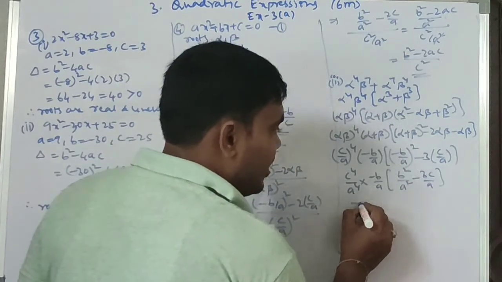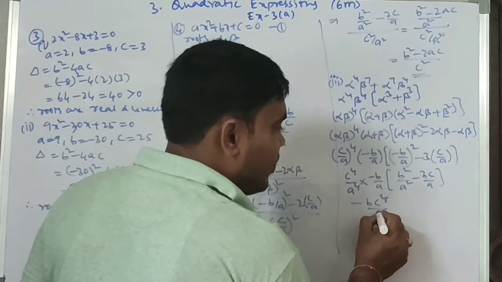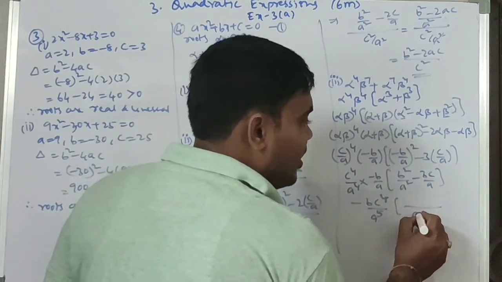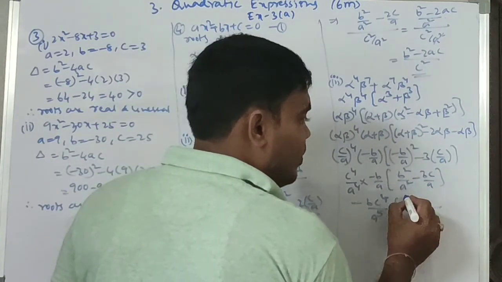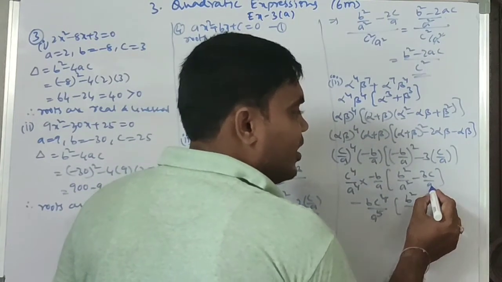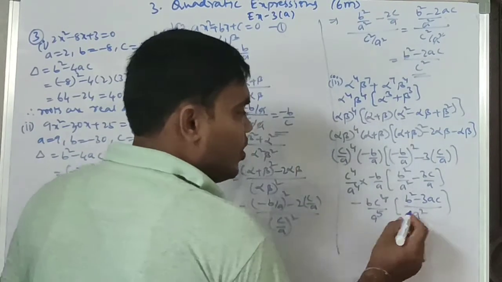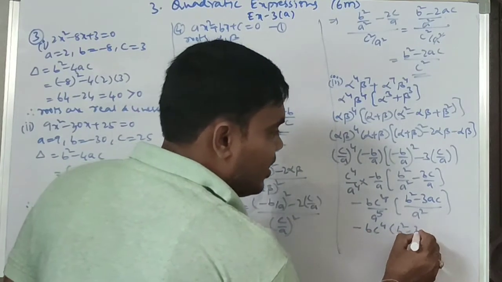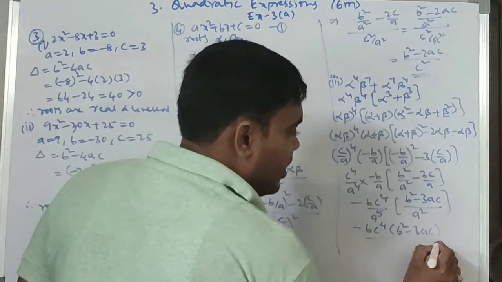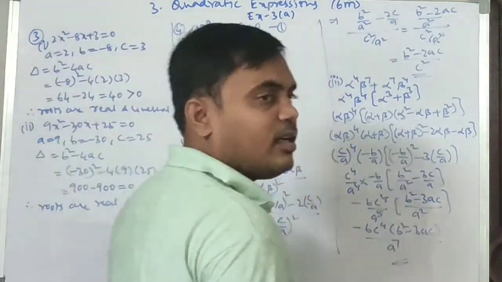Taking LCM, minus bc power 4 by a power 5, of denominator a square. A square by a square, 1 into b square, a square by a, 1, a into 3c minus 3ac. So multiply, minus bc power 4, b square minus 3ac by a power 5 into a square, a power 7. So this is the answer.